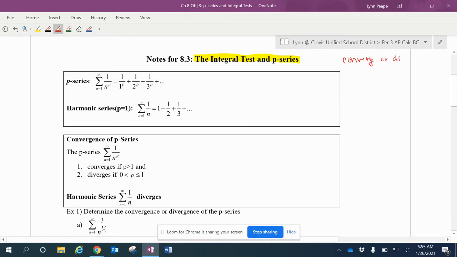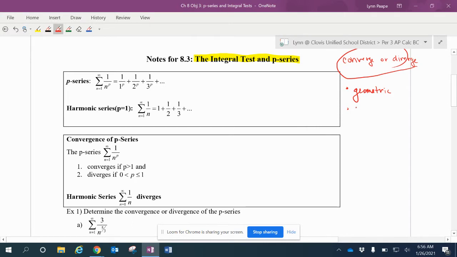or diverges. So far, the different tests we're working with are: we did geometric, right? So if the ratio is less than 1, our series will converge, because the terms will be getting smaller and smaller.